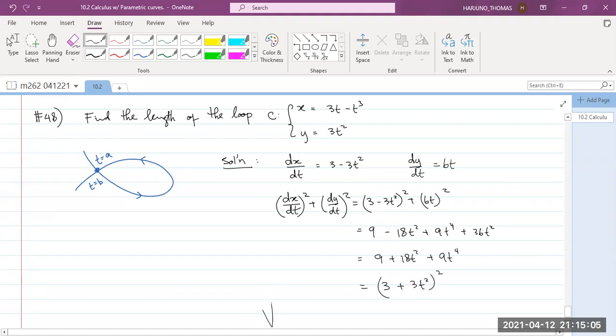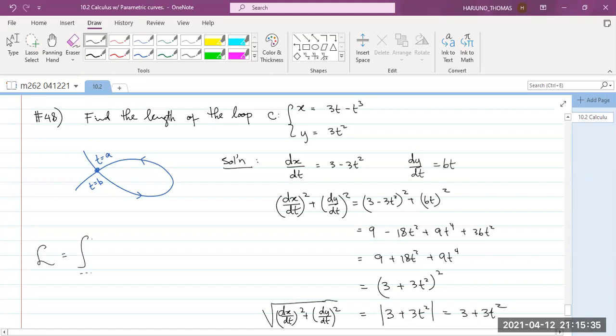So the square root of (dx/dt) squared plus (dy/dt) squared is basically the absolute value of 3 plus 3t squared. But the expression inside is always positive for any t anyway. So we are done with the integrand, right? Now, what is the arc length?